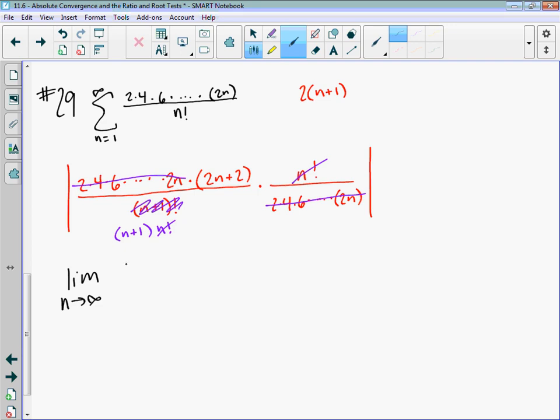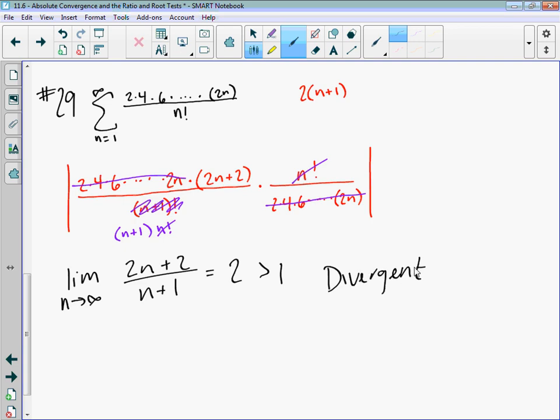I've got 2n plus 2 over n plus 1. Divide everything by n, we end up with a limit of 2, which is greater than 1, which tells us what? Divergent. Okay, so we've got divergent here.